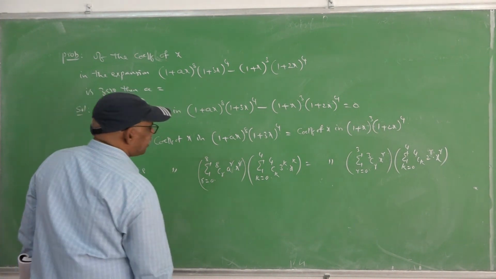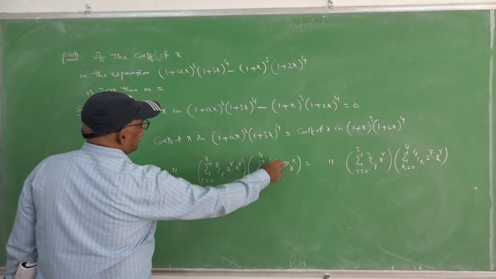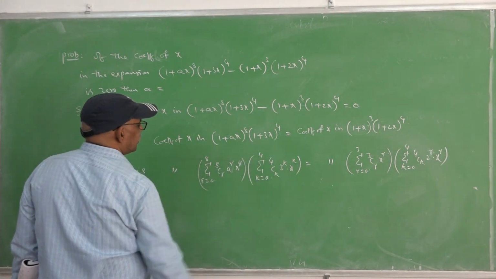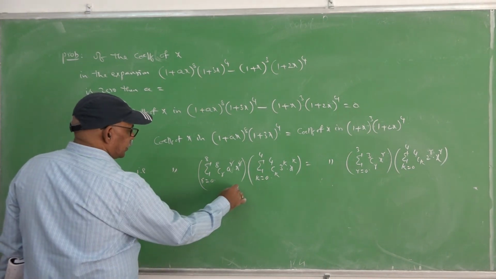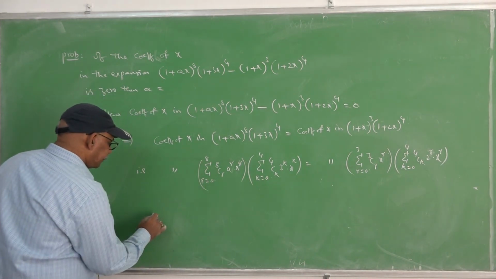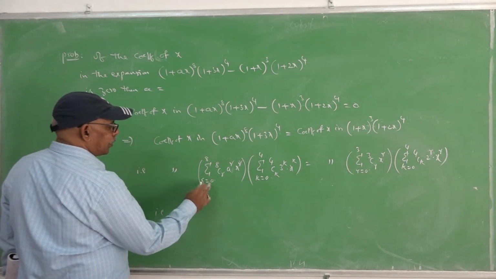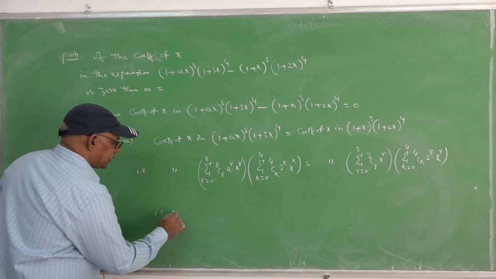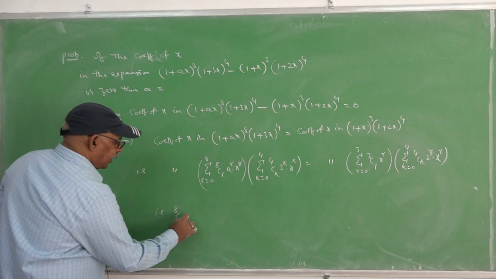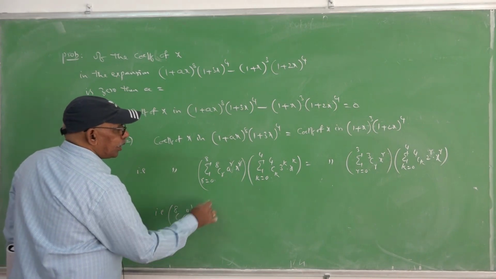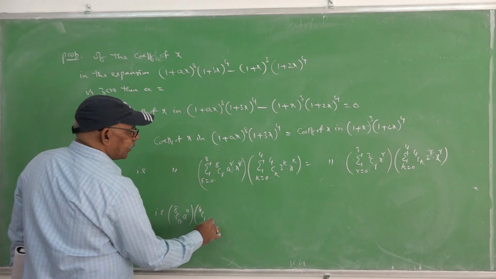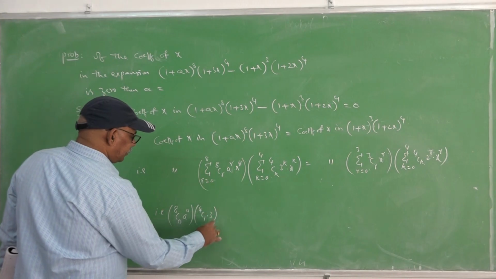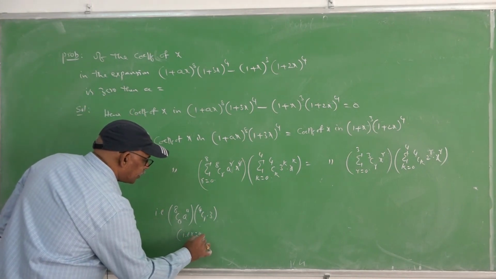Now, taking the product x^r into x^k must be x, which means either r equals 0 and k equals 1, or r equals 1 and k equals 0. For r equal to 0 and k equal to 1, we get 8C0 a^0 into 4C1 3^1.